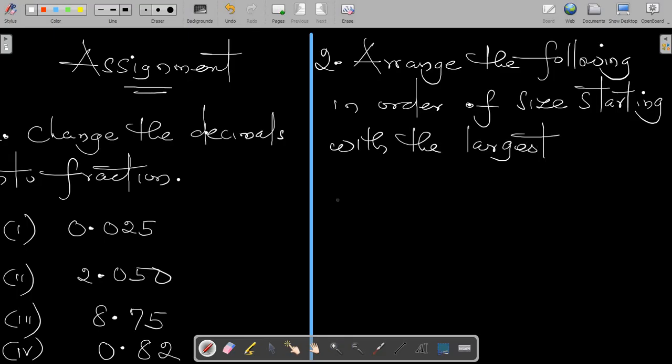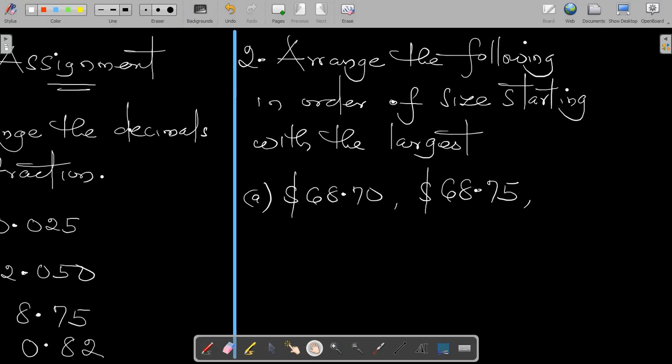Let me start with this decimal value, $68.70. We have another one, $68.75. We have another one, $6.69. And let me write the last one here, which is $68.69.